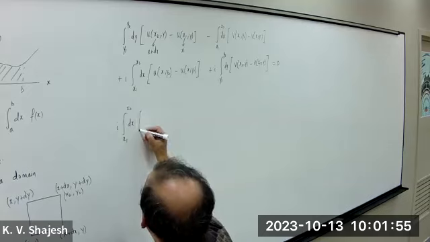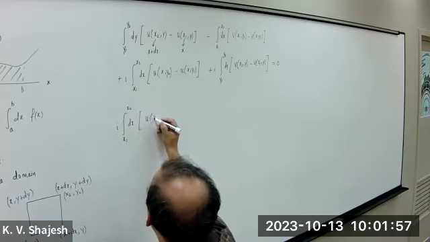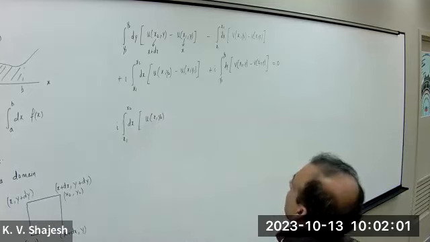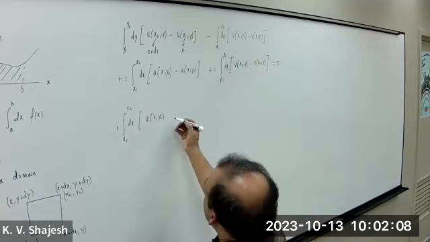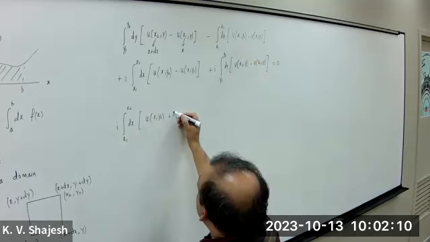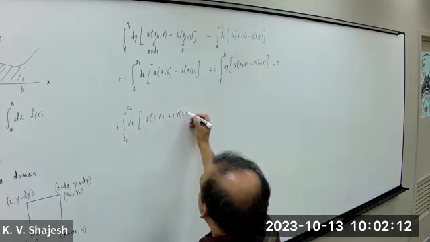So u of x comma y2, and this is plus iv, I suppose, plus iv of x comma y2.